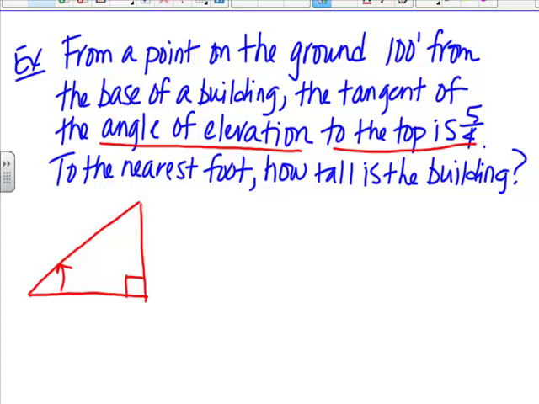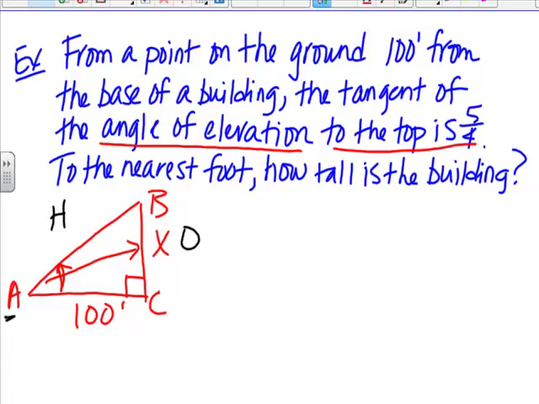So basically this angle of elevation is related to, let me label this A, B, C. And I know that this is 100 here. And I need to figure out how tall my building is. So let me label my sides. This is my hypotenuse, the side opposite A, the angle that I know something about. Put an O, and then this is my adjacent.